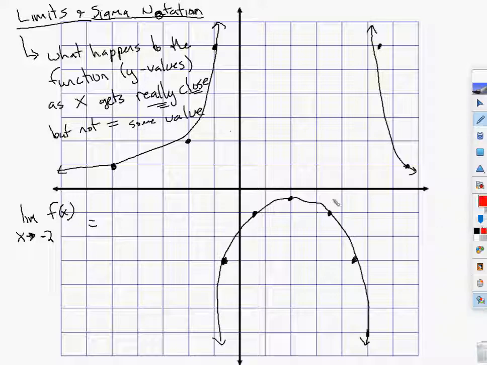So I could take a look at this, and I could go from the left-hand side, and I see that as I get close to -2, which is right here, the function f of x gets really close to 2. And if I go from the right-hand side, I see that it jumps down, and then it also gets really, really close to 2.